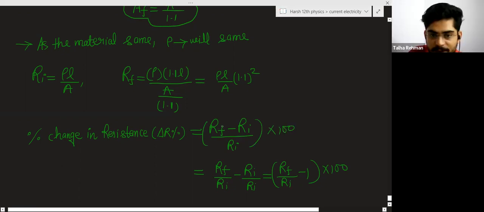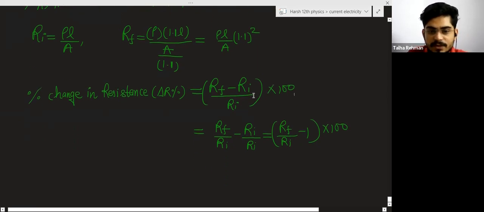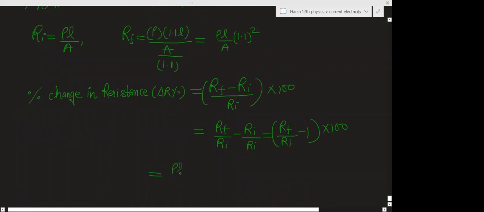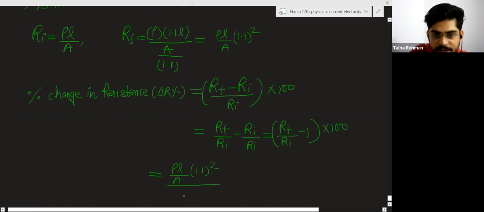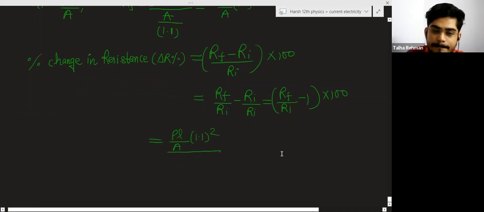Either you can solve by putting the value here, and I have just divided this by R initial. Final resistance is rho L by A into 1.1 whole squared, divided by initial resistance rho L by A.